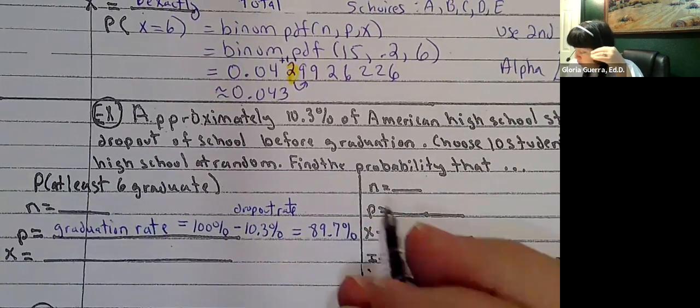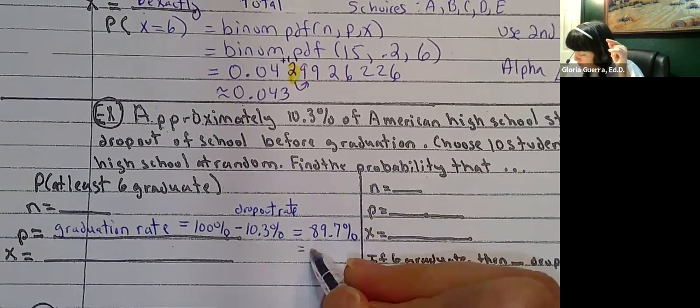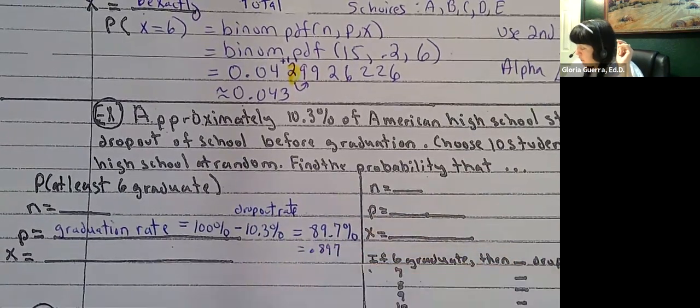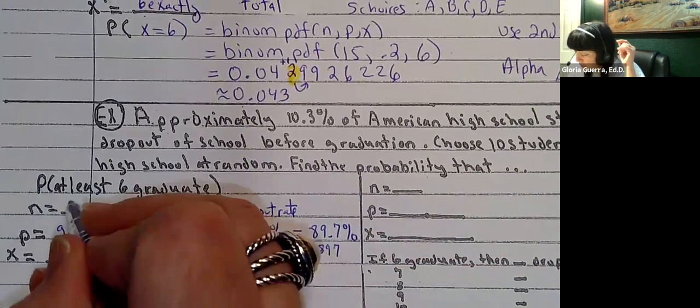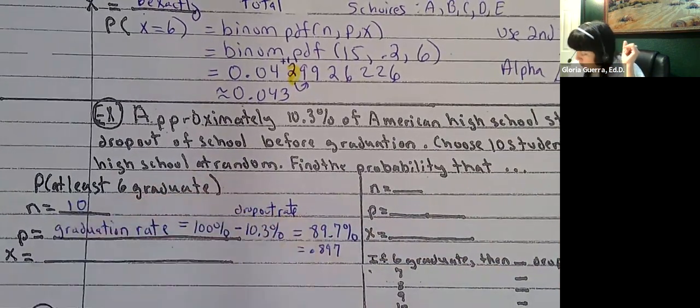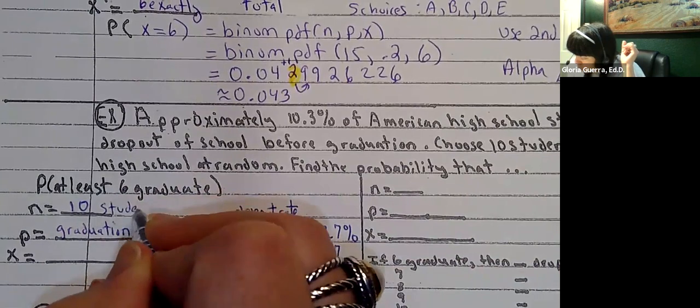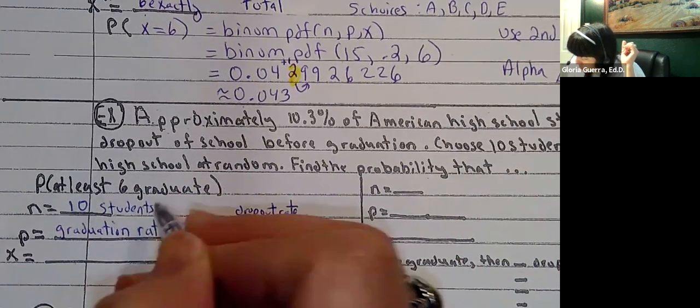Then you move your decimal over 2 places to the left, and that gives you 0.897. Now, n is still the same. N is still 10, so choose 10 students, and you're doing that randomly.